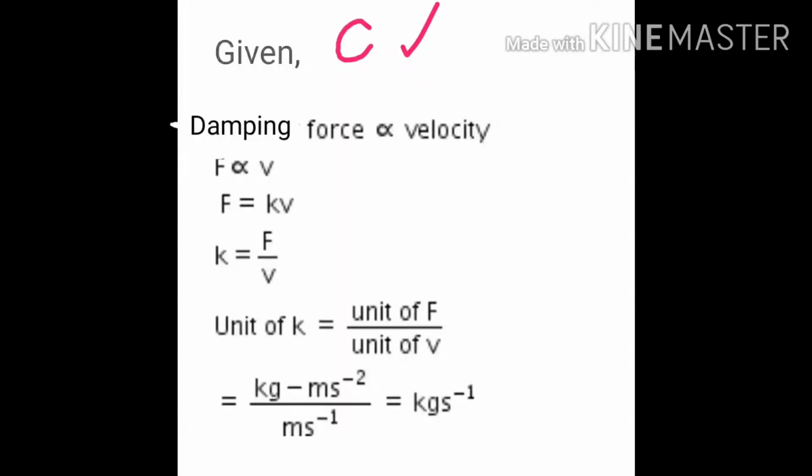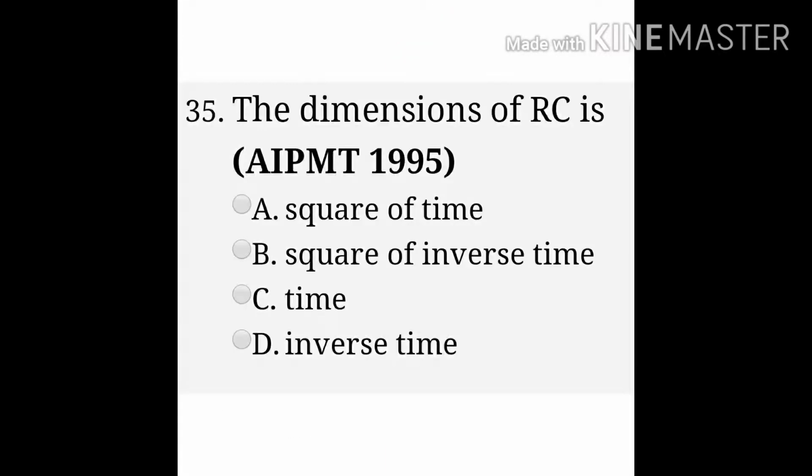The correct option for question number 34 is C. Here they have given damping force is proportional to velocity. So F is proportional to v, F is equal to constant into v. So constant is equal to F by v. If you substitute the unit of F divided by unit of v, we get kilogram per second. So the option is C.